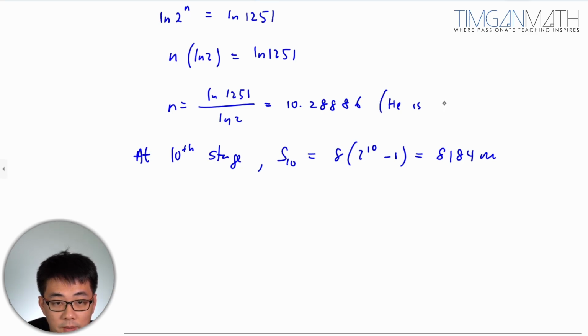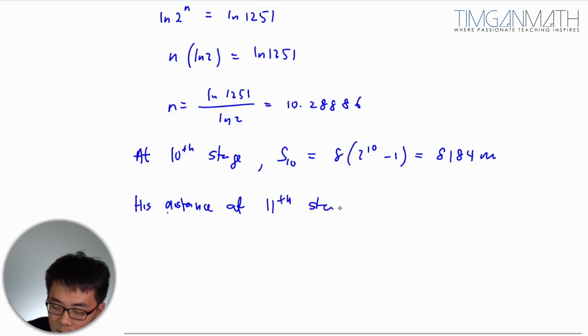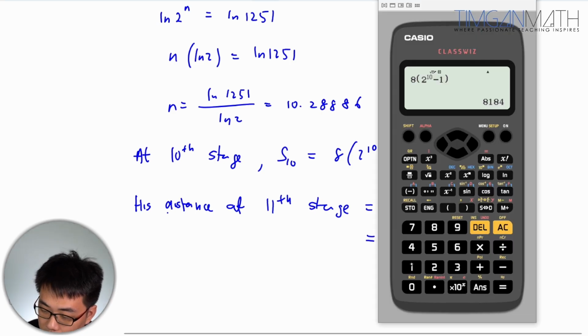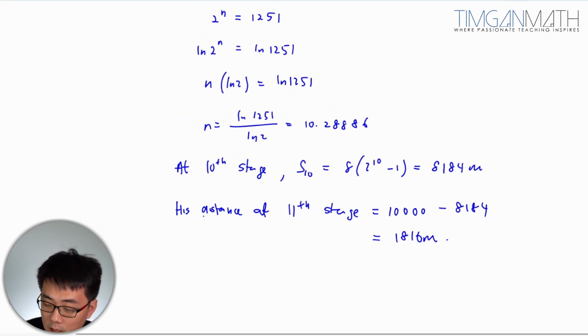So I'll write his distance at the 11th stage: 10,000 minus 8184, which will give us 1816 meters.